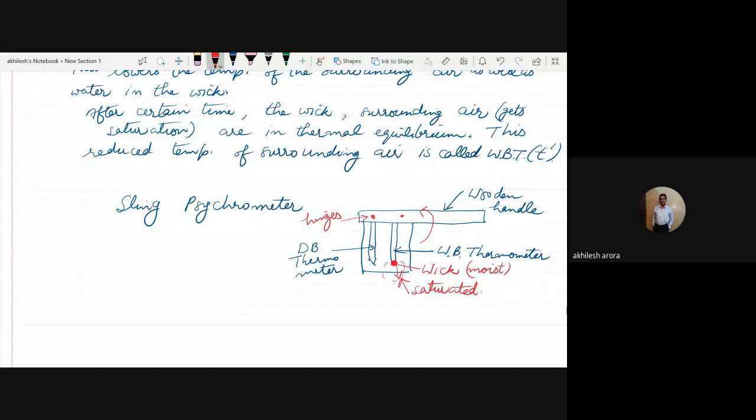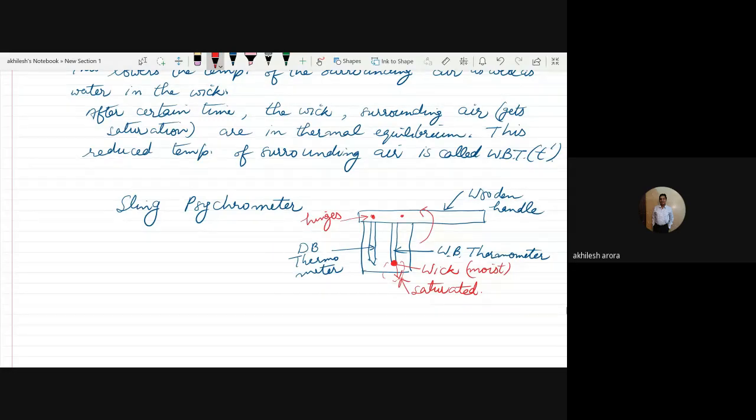Okay, actually it happens because after a certain period of time, when you keep on moving this sling psychrometer, the temperature reduces and a condition of thermal equilibrium is reached between the surrounding air and the wet bulb temperature. Okay, so this is how we can measure the dry bulb temperature as well as the wet bulb temperature with the help of a sling psychrometer. So sling psychrometer is the instrument for measuring both these temperatures.